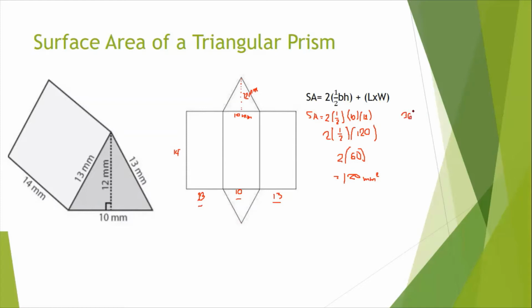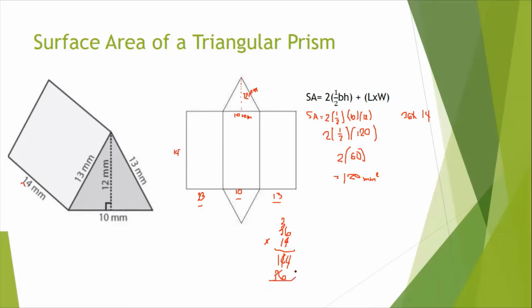Multiply it with our width, which is 14. So 36 times 14. 6 times 4 is 24, and 4 times 3 is 12. Then 1 times 6 is 6, and 1 times 3 is 3.